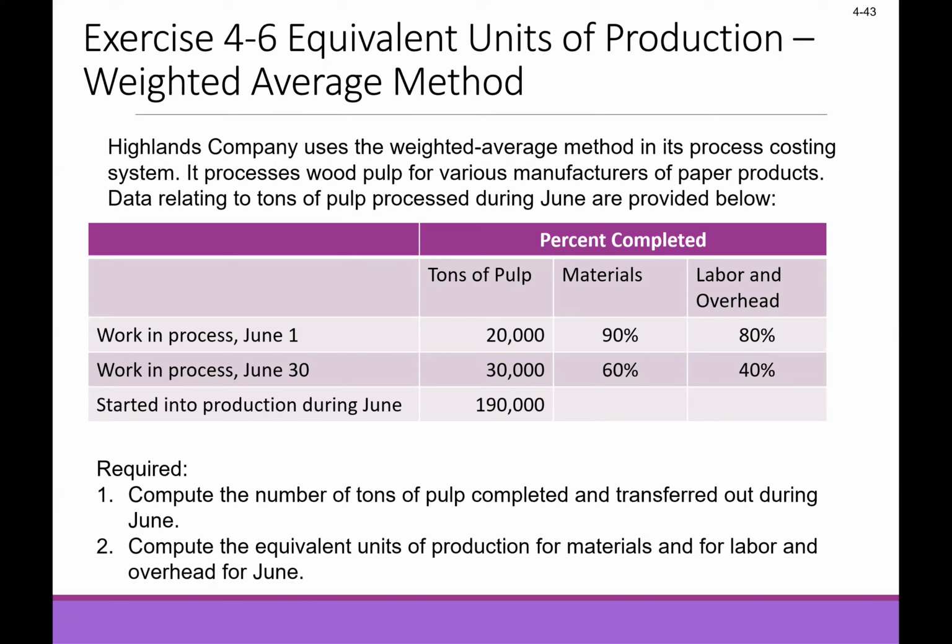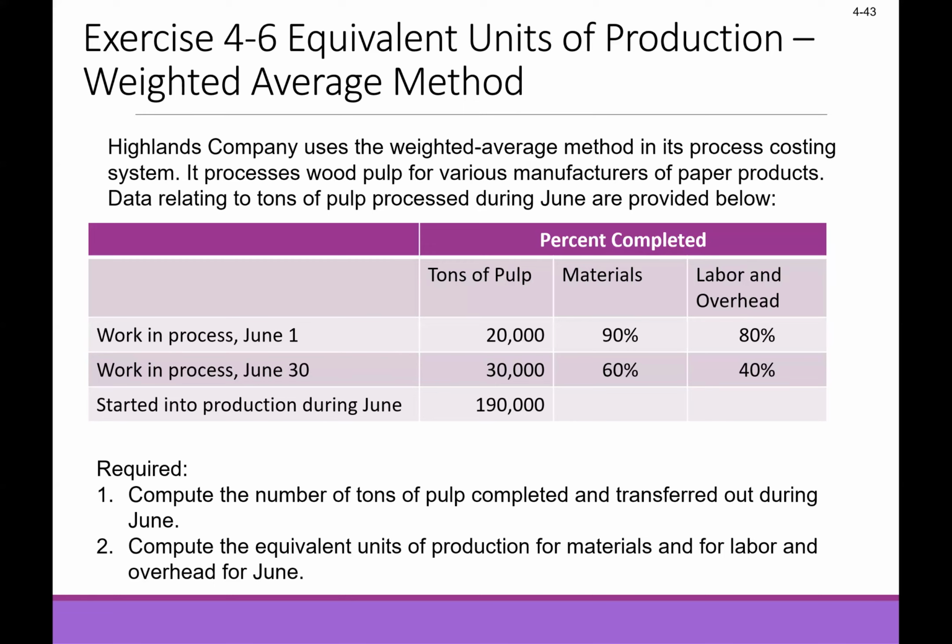Data relating to tons of pulp processed during June are shown below. So it shows us our work in process for June 1st, the percentages complete. It shows us our ending work in process for June 30th and what was started during the year.